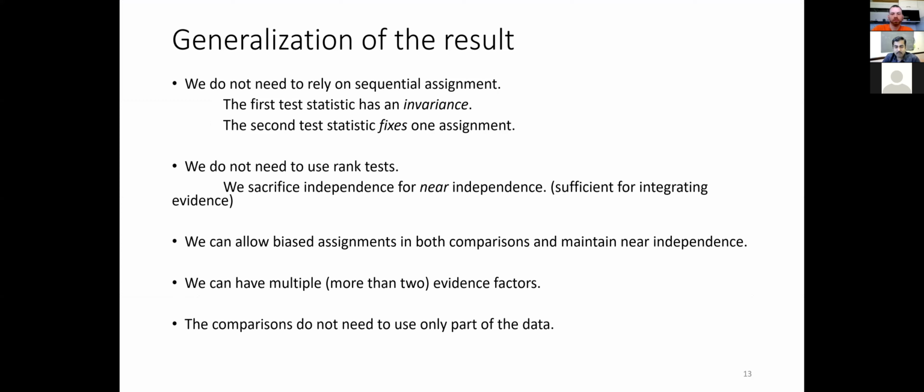And finally, you don't need to use just a part of the data every time. You can use the whole data all the time. Obviously, you need a little bit more assumption for that. All of these generalizations are important, or provide flexibility to use the evidence factors analysis method in a variety of situations.